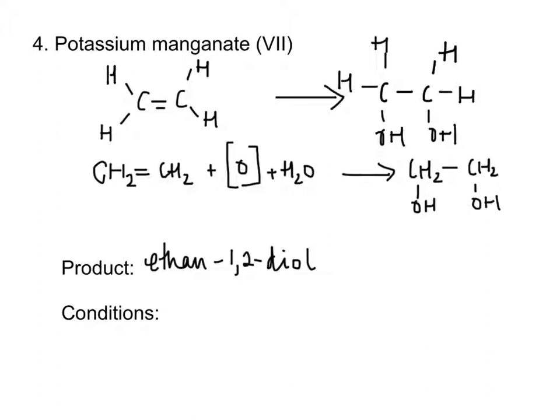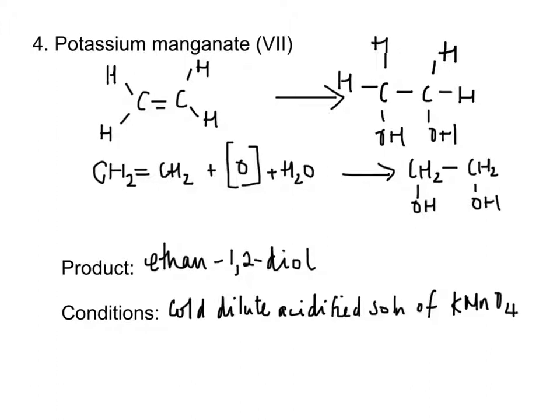Normally the conditions for this reaction are that you would shake the alkene with a cold dilute solution of potassium permanganate in dilute acid, and if that is the case, then the purple colour of the potassium manganate 7 disappears as it is reduced itself, the MnO4- ion has reduced itself to a pale pink manganese 2+ ion.